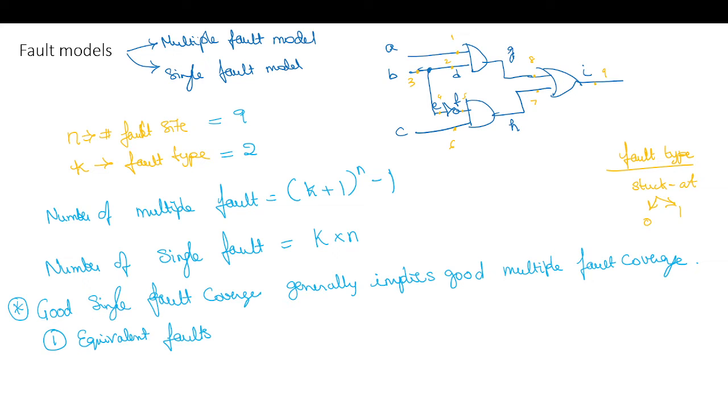So only one fault from that equivalent set is sufficient to be simulated and to generate the patterns. With this, we go to the next concept of fault collapsing. We remove the other equivalent faults and keep just one fault and proceed for the simulation and generate the test pattern. So with this, we will have reduced the number of faults.